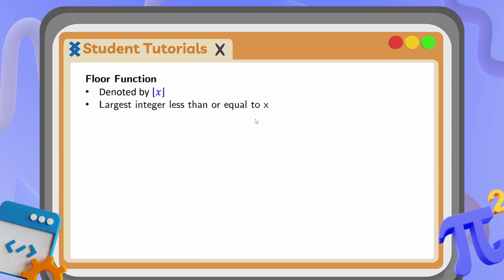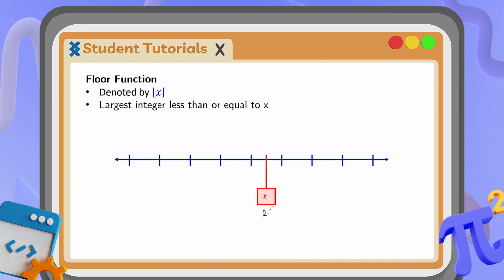So first, we have the floor function denoted by this sign over here, and it pertains to the largest integer less than or equal to x, which may sound confusing at first, but we will visualize it this way. So first, we have some arbitrary value, let's say 2.05, where this one is 2 and this one is 3.